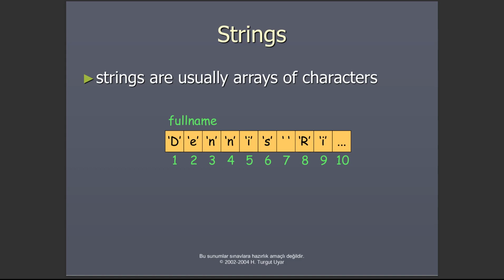For example, a student number like 1, 2, 3, 4, 5 can be a string because we don't add or multiply it. But for calculations, we use numbers instead of strings. Strings are very common in programming. We use them for text messages, user input, and more.